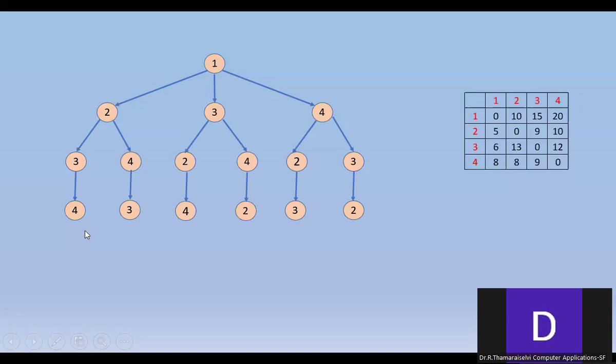So next from 4. In the traveling salesman problem, you have to go back to the start. 1, 2, 3, 4. After visiting city 4, he has to go to 1. So here 3 to 1, 4 to 1, 2 to 1. Now how are we going to solve this?